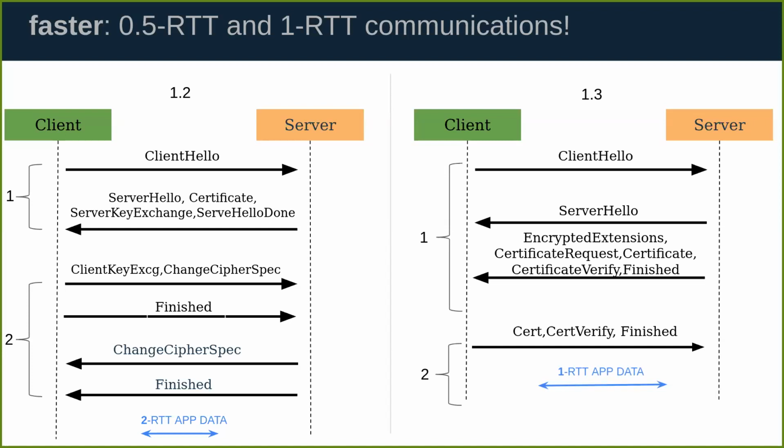Because the client and the server can start sending data immediately after sending their finished messages. So the server has something called the 0.5 round trip time application data, and the client can start sending after just one round trip, as compared to the 2 round trips necessary for TLS 1.2.